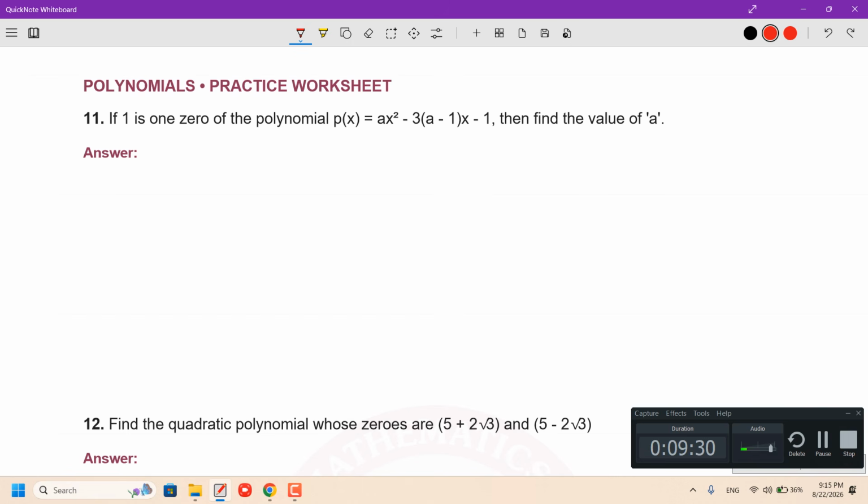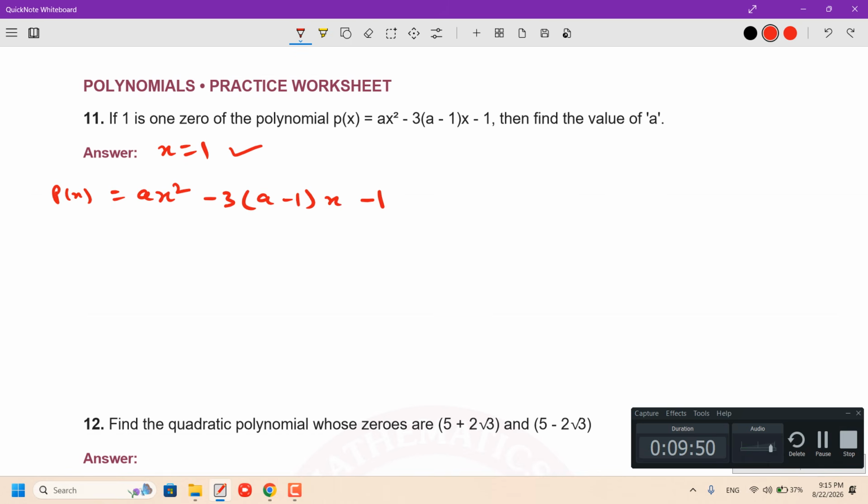If 1 is the zero of the polynomial, it means the value of x is 1. Zero means the value of x, and p(x) is given, that is ax square minus 3 into (a minus 1) into (x minus 1).